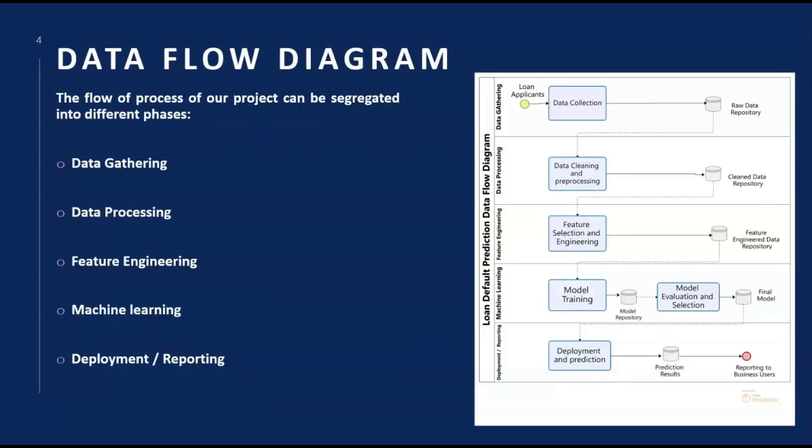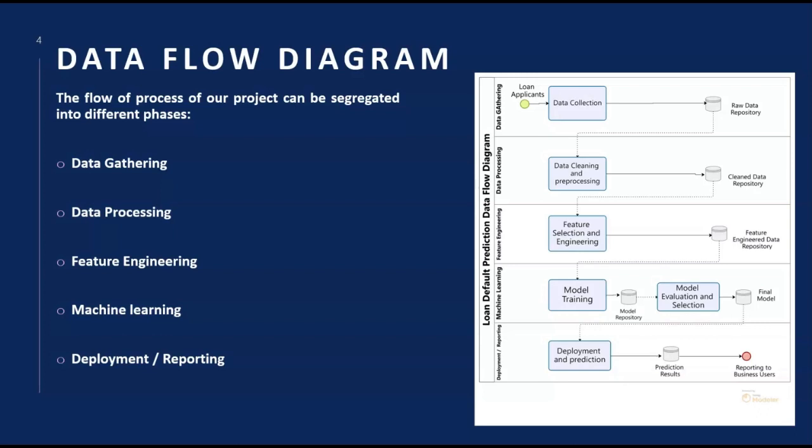Moving on, we have our data flow diagram. The process begins with collecting data from loan applicants. This data is stored in a raw data repository. The raw data is then cleaned and pre-processed to correct errors, handle missing values, and make the data suitable for analysis. The clean data is stored in a clean data repository.